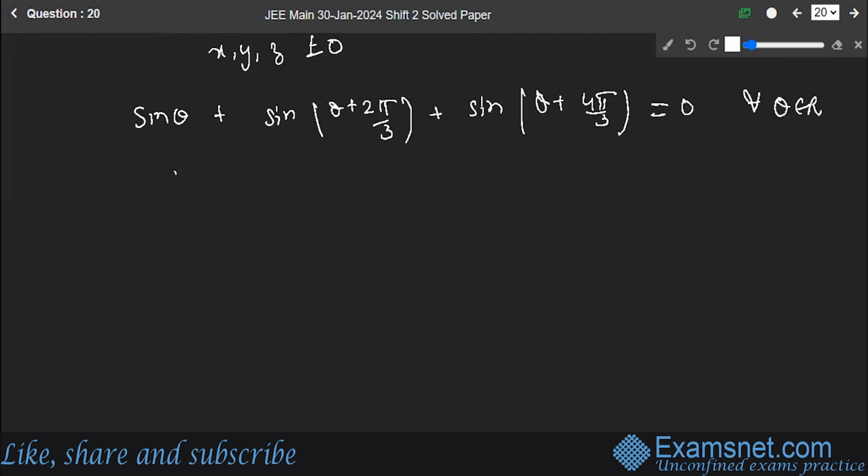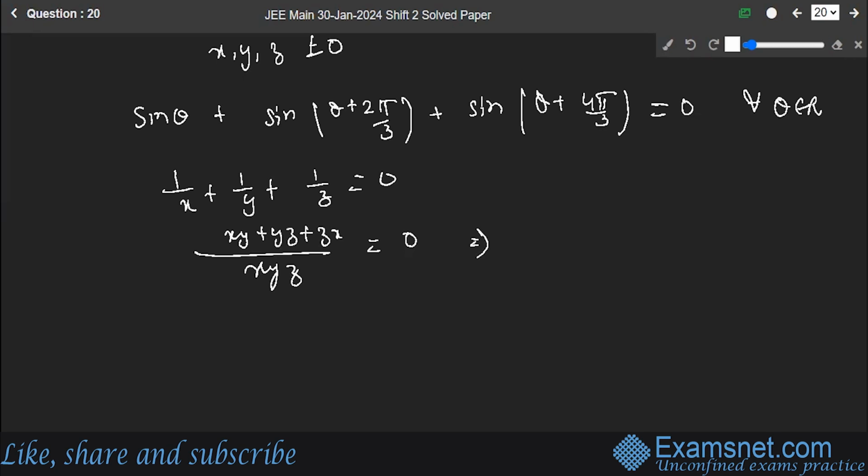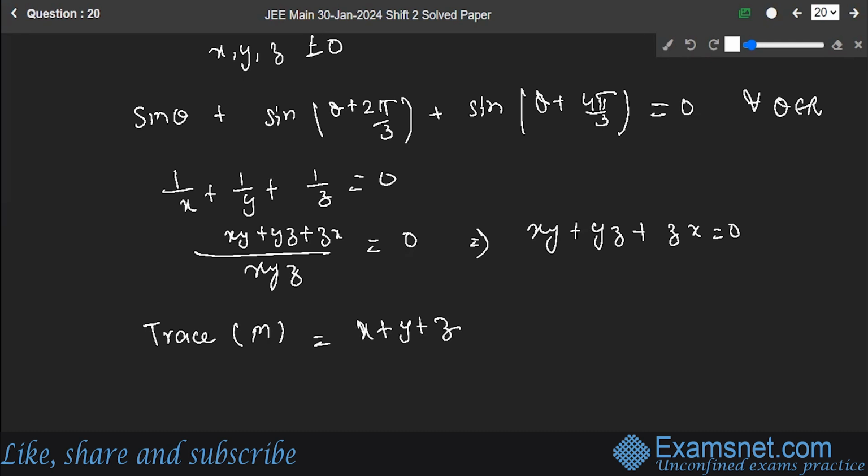So that means 1 upon x plus 1 upon y plus 1 upon z, the sum is equal to 0, which gives me, on taking the LCM, xy plus yz plus zx is equal to 0. So that means the trace of the matrix is x plus y plus z.